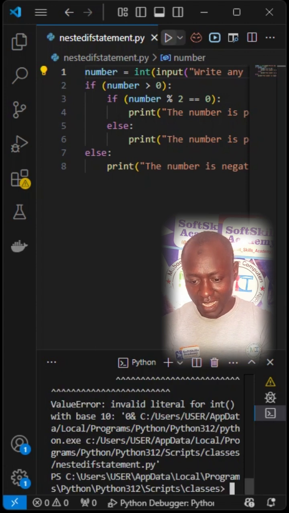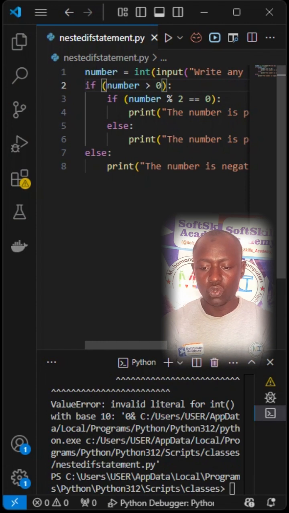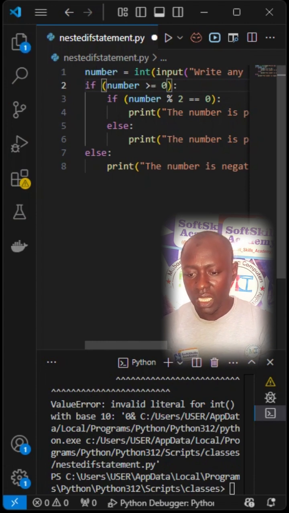It's going to be an error, because we did not include greater than or equal to in the statement. But if we said greater than or equal to, it will print even number.